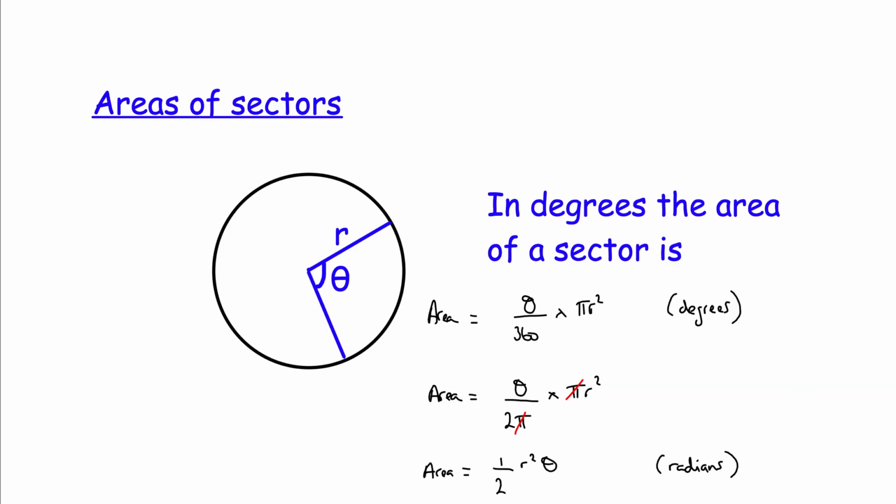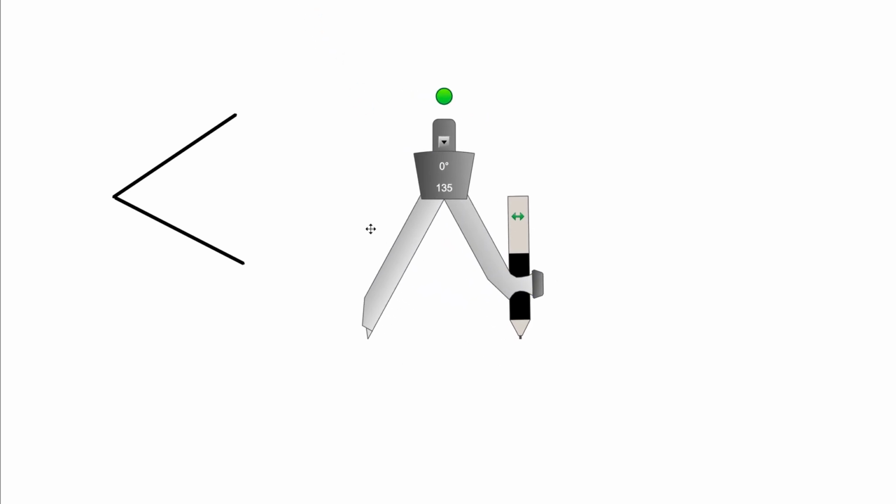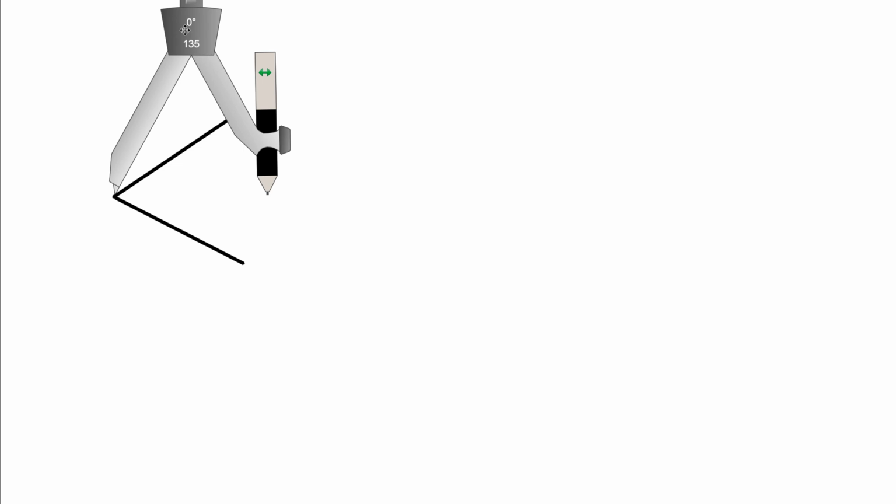Before I go on to those examples, I'm just going to go through a really simple example to illustrate how easy it is to find the arc length and area of a sector if you're working in radians. Just going to draw a sector.